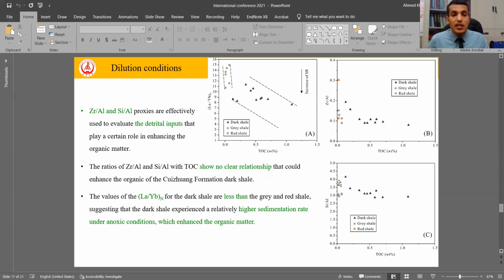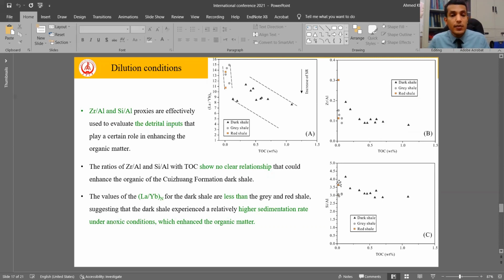But the sedimentation rates of the gray, red, and dark shales show that the dark shales were deposited at a faster rate than the red and the gray.